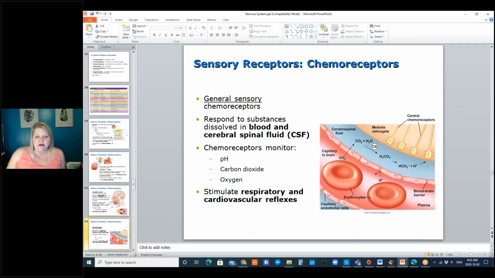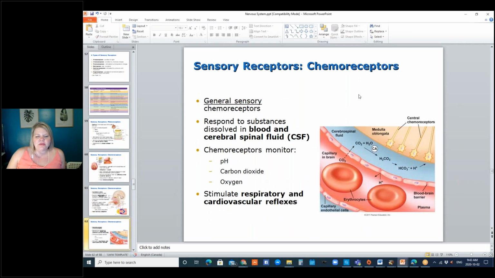Okay, moving along here. Another chemoreceptor that we have is to monitor chemicals in our cerebral spinal fluid or the blood. This is substances that are dissolved in this fluid, right? The plasma of the blood or the cerebral spinal fluid.